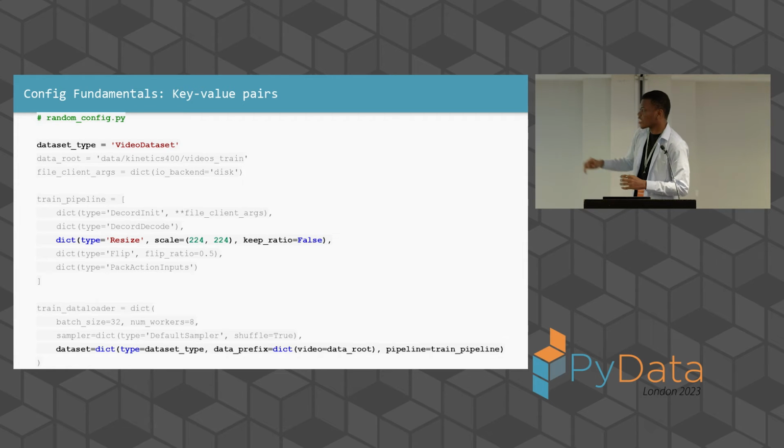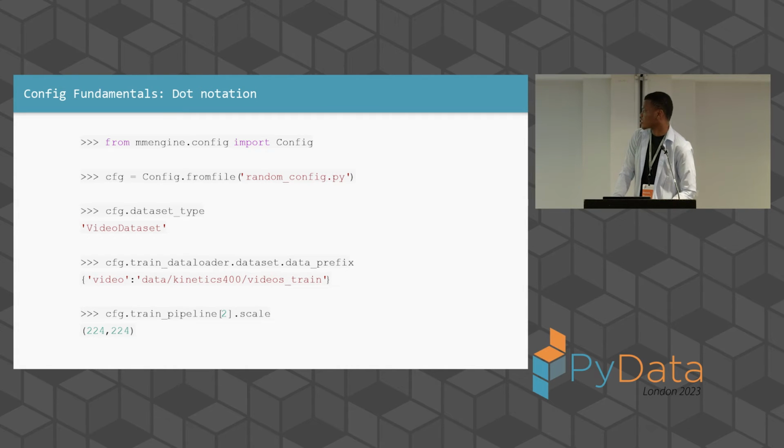So you can see it as the batch size, the number of workers that will be passing your videos to your GPUs. But the main idea here is the configs work with key value pairs. So you figure out what variable you need to change to affect something in the pipeline, and then you change it, or you add your own custom classes or functions, however it may be, to work for you.